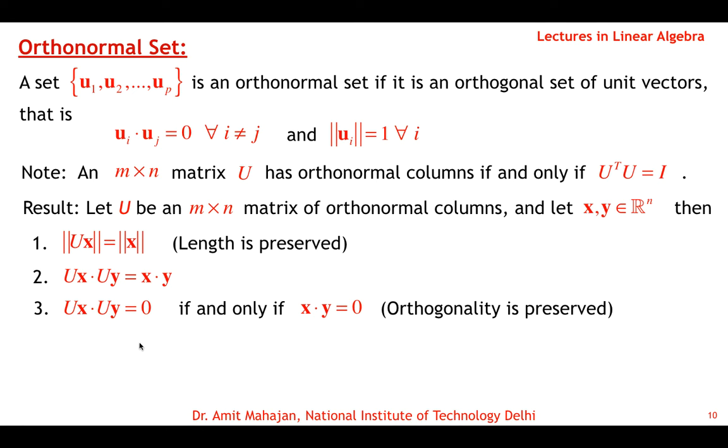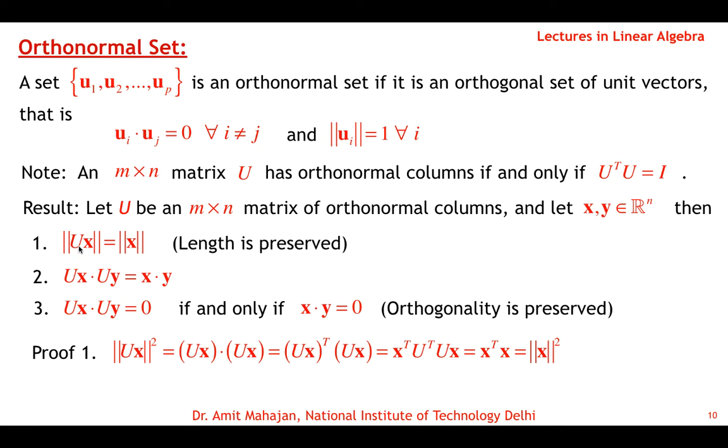The proofs of these are very simple. For the first, if you calculate the square of the transformed length, norm of Ux squared, we know it is Ux dot Ux, and we know how to calculate the dot product: the transpose of the first times the second. Since (AB) transpose is B transpose A transpose, it gives x transpose U transpose U x, and by the property U transpose U is I, so x transpose x, and that is norm x squared.